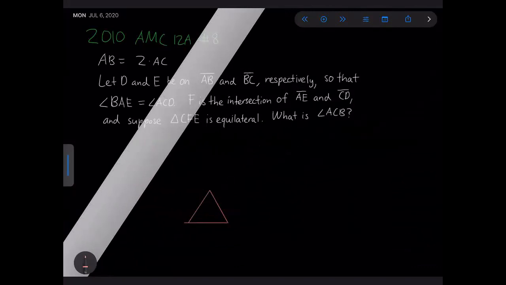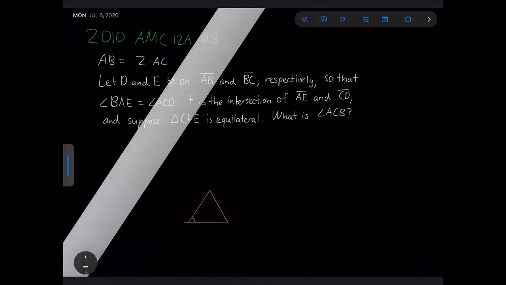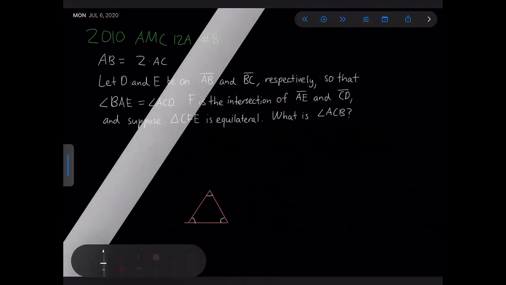What else do we know? We know that AB is equal to 2 times AC. We also know that we have a bunch of 60-degree angles here, so let's mark those all down. These are all 60. We know that angle BAE is equal to angle ACD.